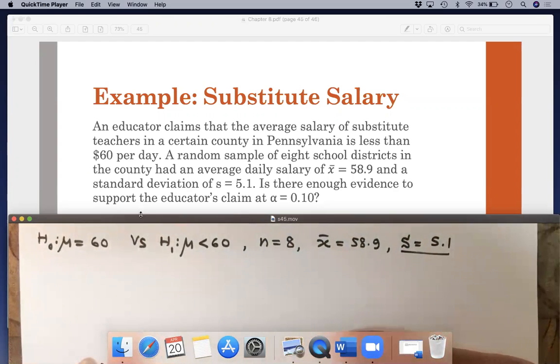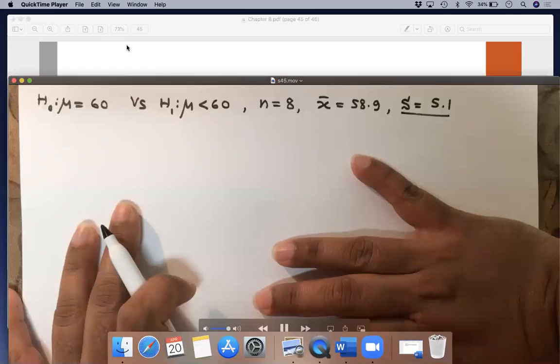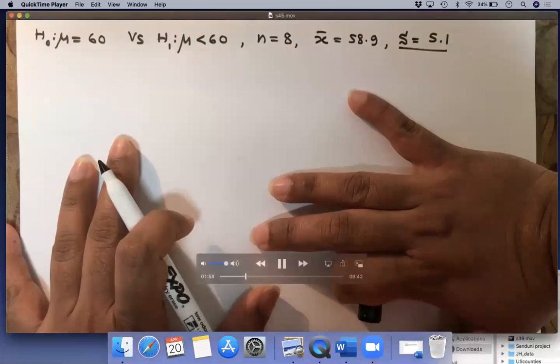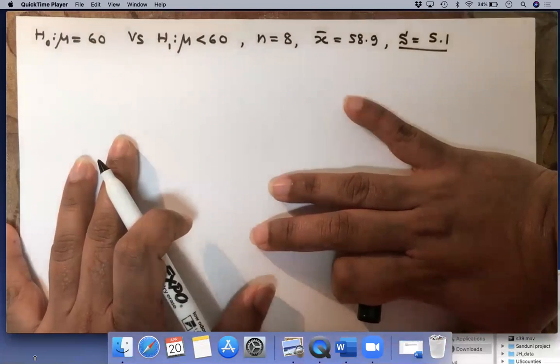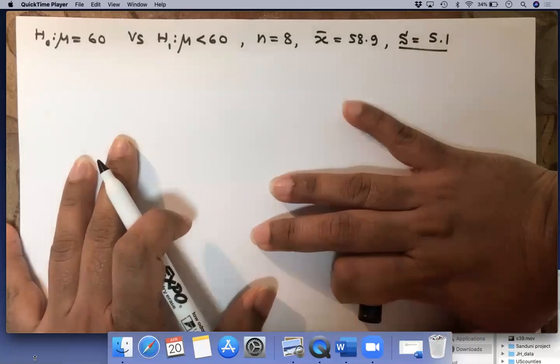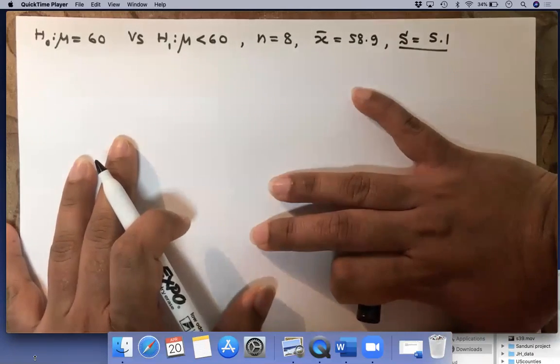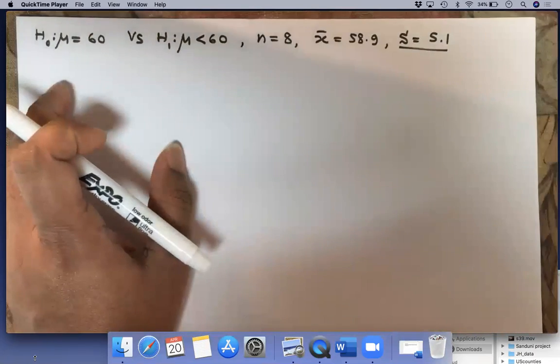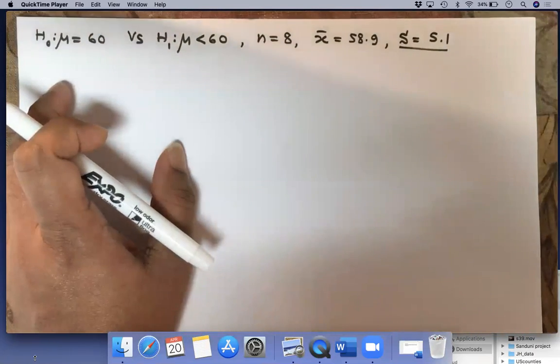I told you if you don't know sigma, you cannot use the previous test statistic formula for mean. You have to use the T test statistic formula to find the test statistic. That formula is in slide number 41.